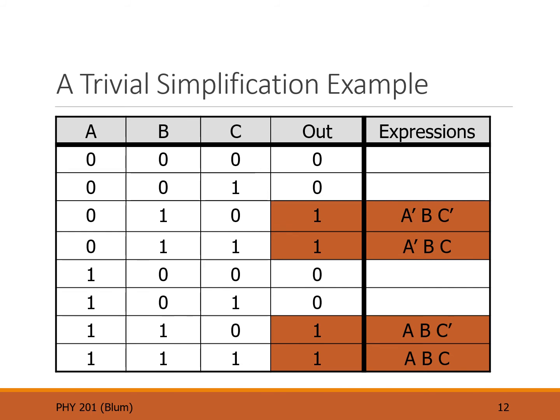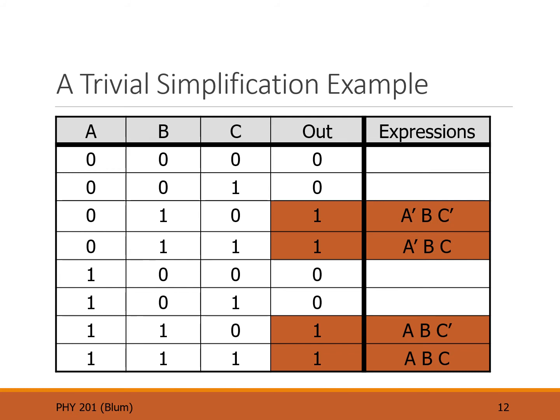I'm going to start with an example that has a lot of simplification, which I'm going to call the trivial example. So here, A, B, and C are the inputs. I have all the possible combinations, in binary counting order from 0 to 7. The outputs are 0, 0, 1, 1, 0, 0, 1, 1. Taking the sum of products approach, I focus on the ones and write the minterm expression.